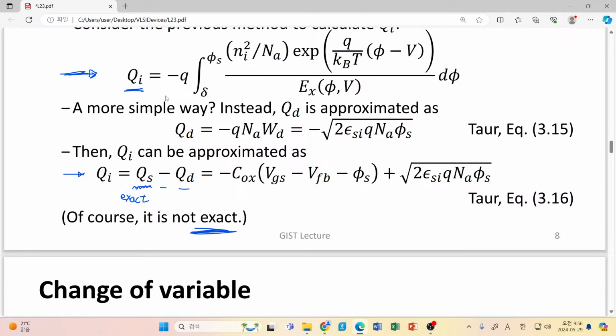But our QD expression, the depletion charge expression, is an approximate one. So it means that, of course, our QI is not very accurate.